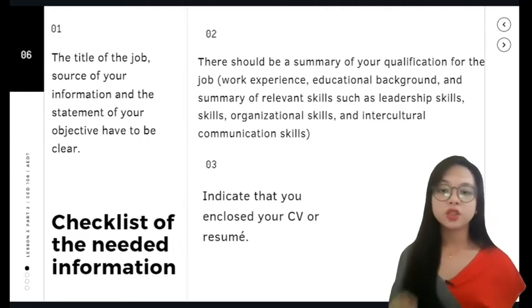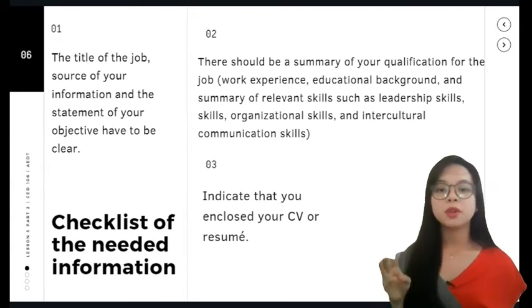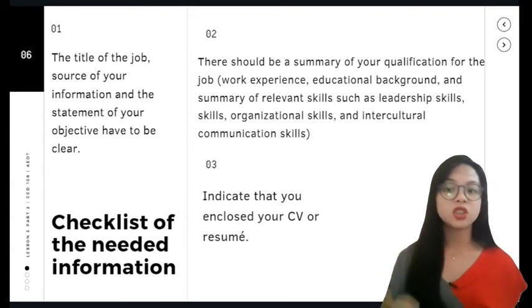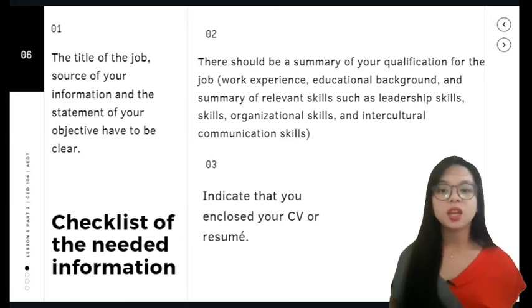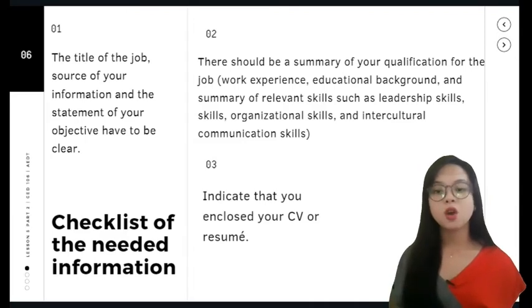Also, there should be a summary of your qualification for the job. What are those? Your work experience, your educational background, and summary of relevant skills such as leadership, organization, intercultural, etc. Also, you may indicate that you have enclosed your CV or resume in the application letter.